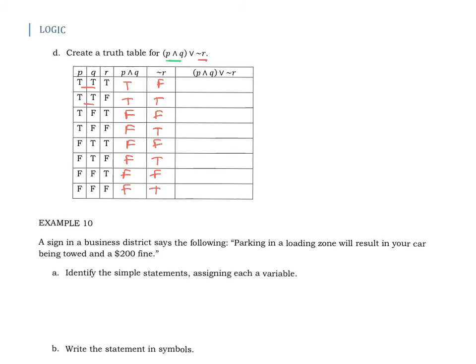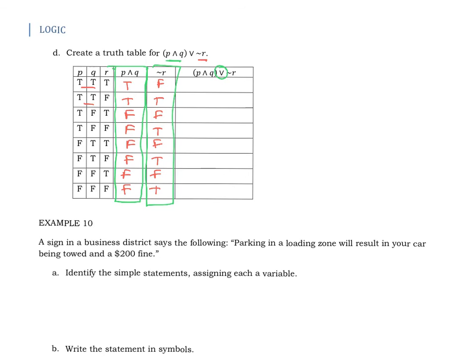All right, and then we're ready for our disjunction, our or. So I'll go ahead and highlight that we're looking at this column and this column, and we're looking at the disjunction. So the only ones that are false on these are if they're false, false.